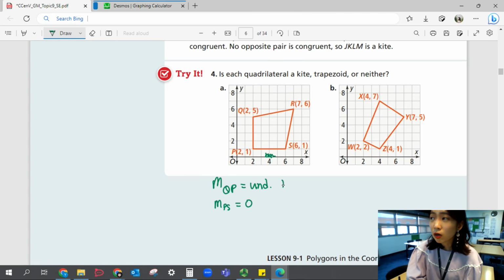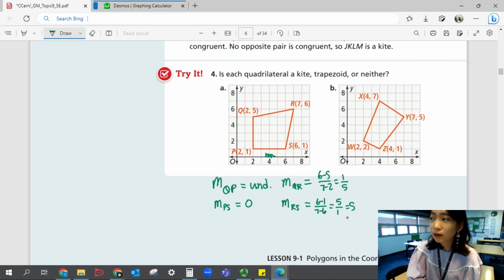And now, slope of QR is going to be 6 minus 5 over 7 minus 2. That's 1 over 5. RS, 6 minus 1 over 7 minus 6. That is 5 over 1.